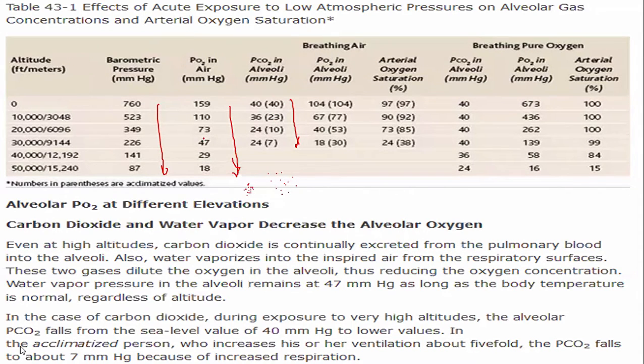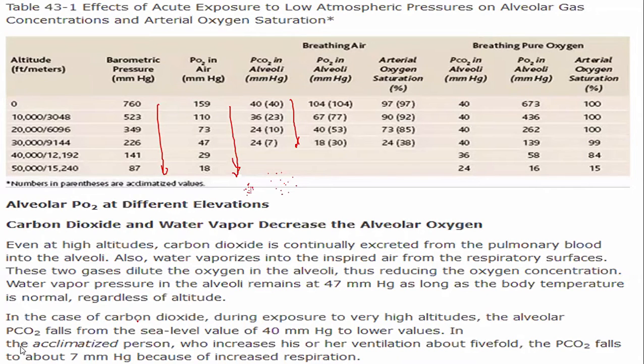No wonder, as you go up, you have more breathing and release much carbon dioxide. So the carbon dioxide inside you also tends to go down. That's the trend, and it's important.